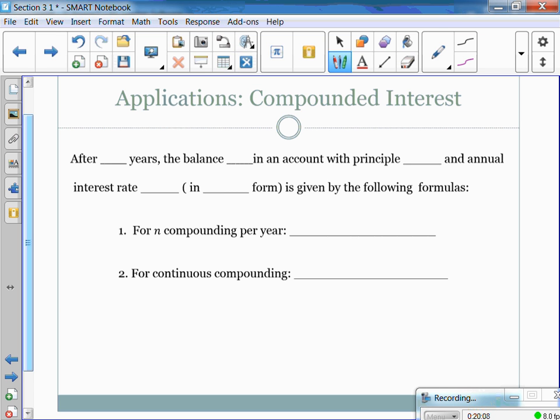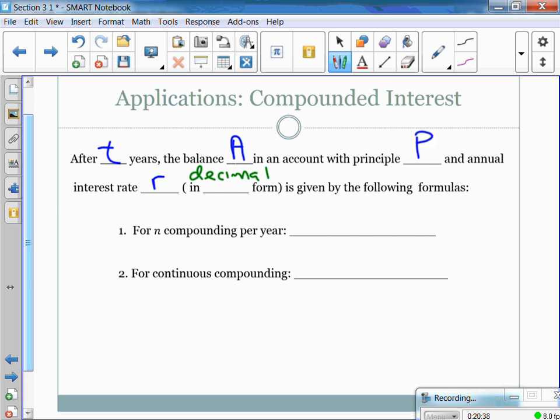So, after t years, we use lowercase t. The balance A in an account with principal capital P and annual interest rate lowercase r in decimal form is given by the following formulas.